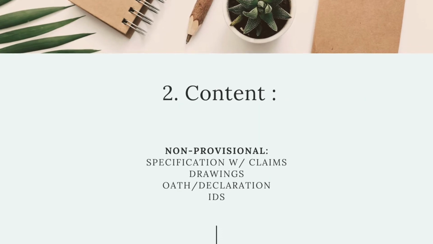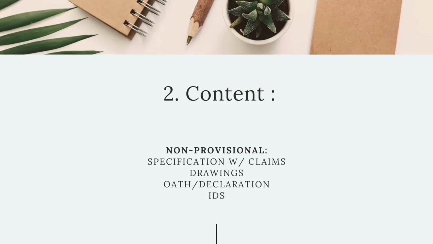And then you have to file an oath and declaration that is signed by each inventor. It basically states that I swear I'm telling the truth, that this is my innovation, I came up with this idea. And then you also must file an information disclosure statement, which states, here are the patent references that we knew of.